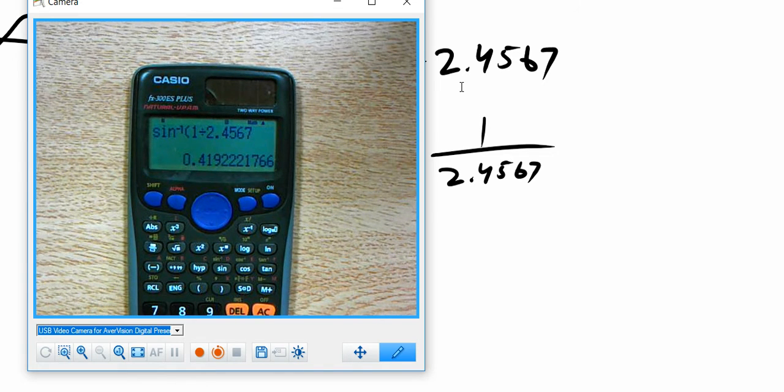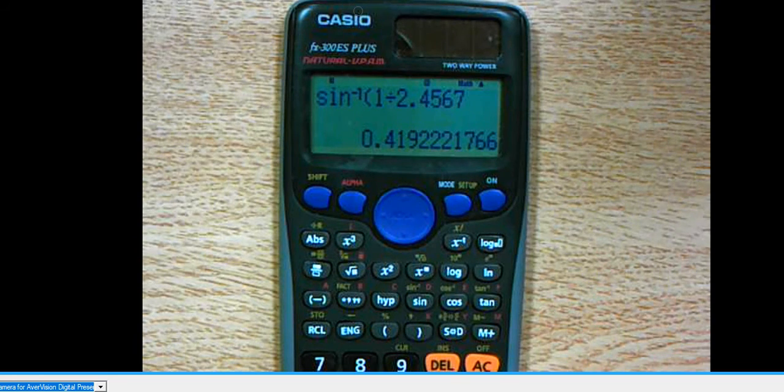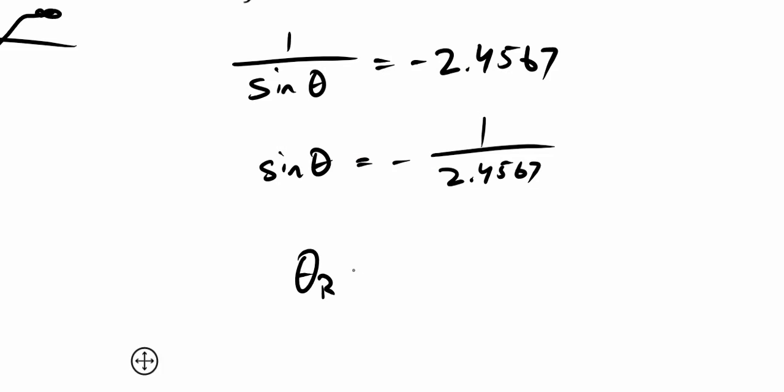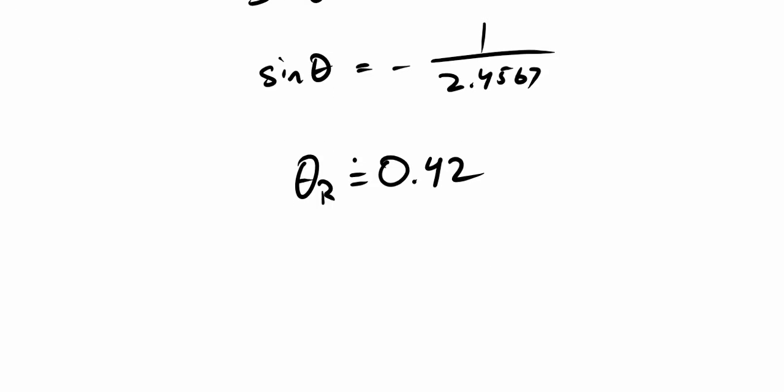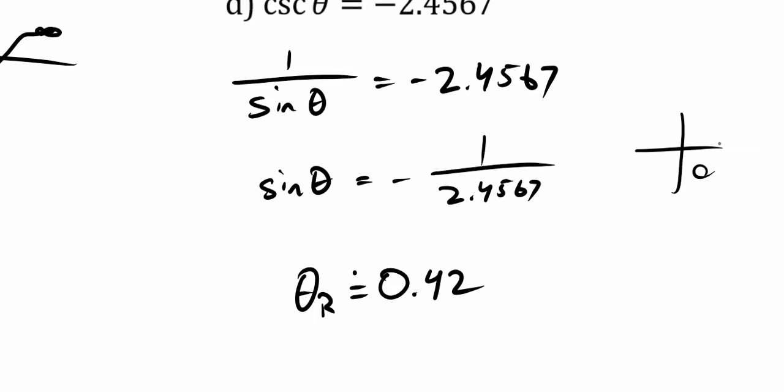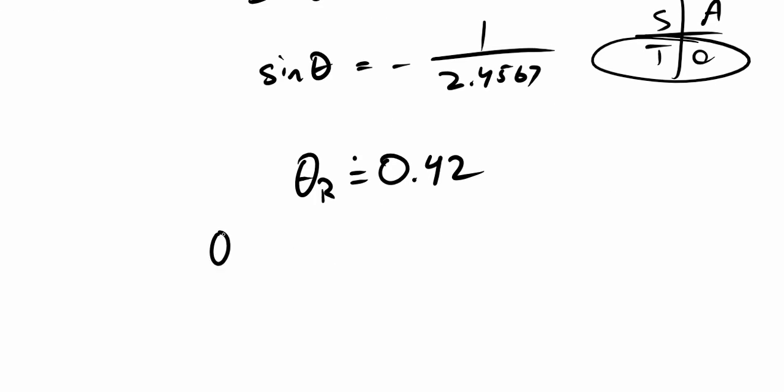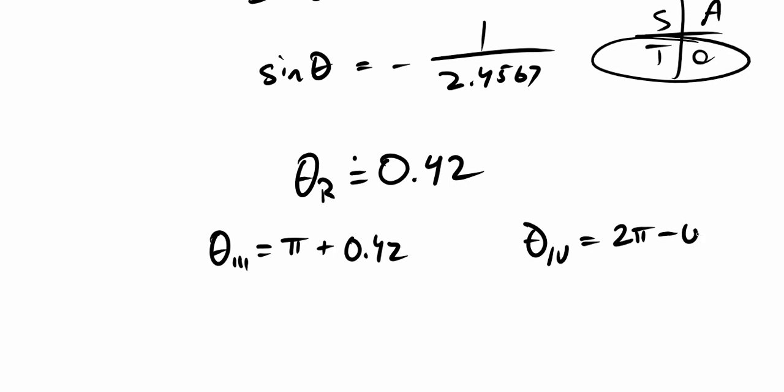So 0.42. Whoop. So let's see, 0.42, we're good. And sine is negative in the bottom 2 quadrants. So theta 3 is pi plus 0.42, and theta 4 is 2 pi minus 0.42.